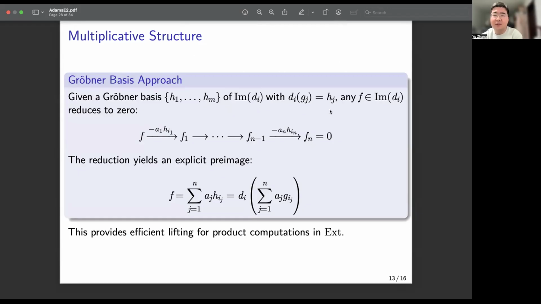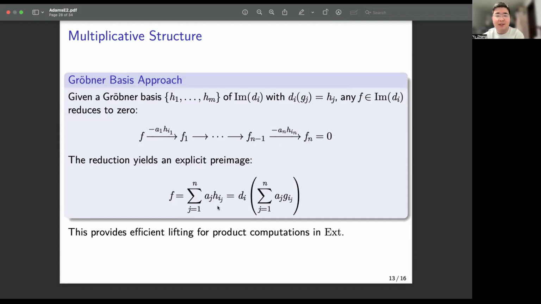Now, assume we are given an element f and we know it's in the image. Then we can reduce f modulo g, and that should reduce to 0. That means we will have a sequence of reductions, and eventually it will reach 0. This sequence of reductions precisely gives us a formula to write f as a combination of the h_ij.